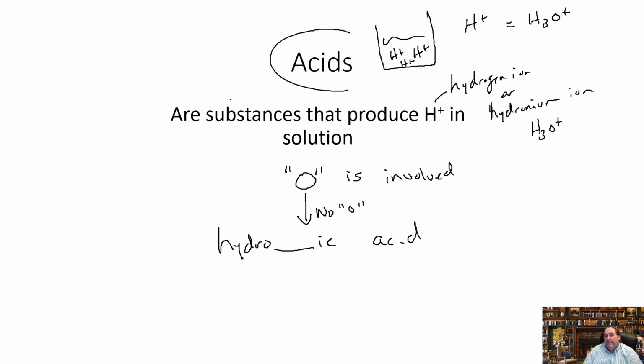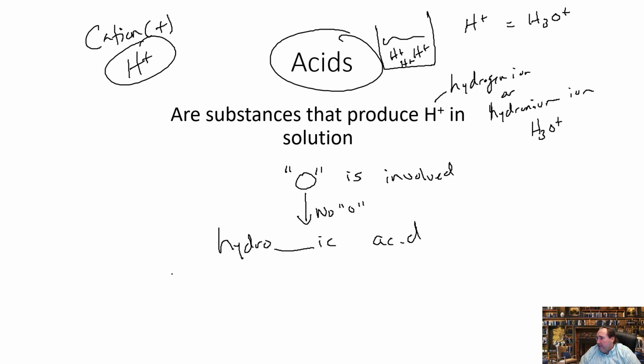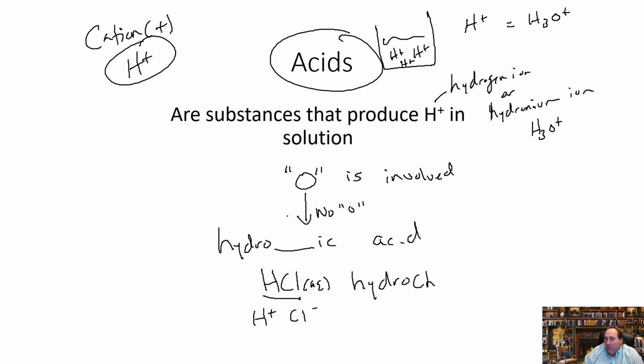Now, for all acids, the cation, or the positively charged ion, is always H+. So if we have something like HCl, that is basically H+ and Cl-. So no oxygen. So this would be hydrochloric acid.